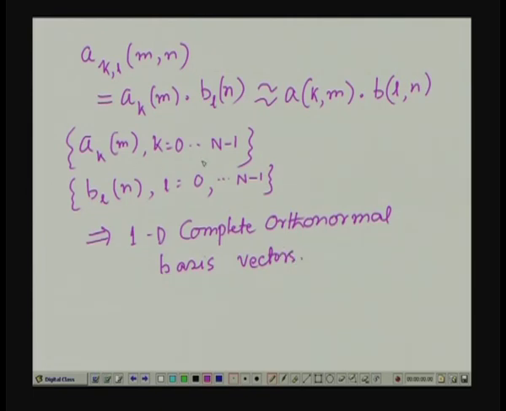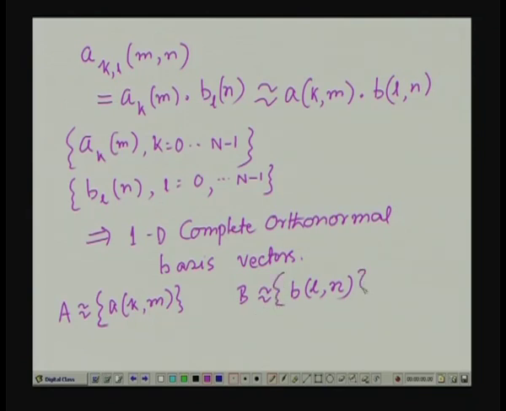Now, if I represent this set of orthonormal basis vectors, both a_km and b_ln, in the form of matrices, that is, we represent a_km as matrix A, and similarly the set of orthonormal basis vectors b_ln in the form of a matrix B, then both A and B themselves should be unitary matrices.